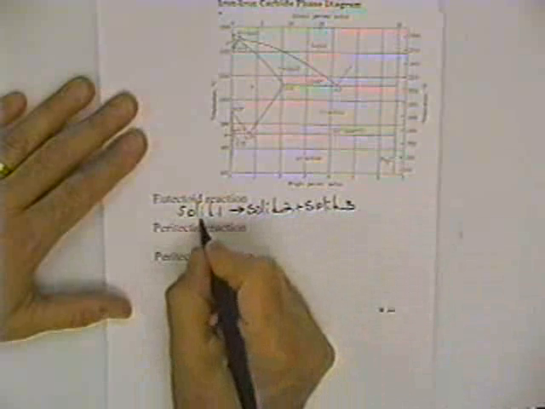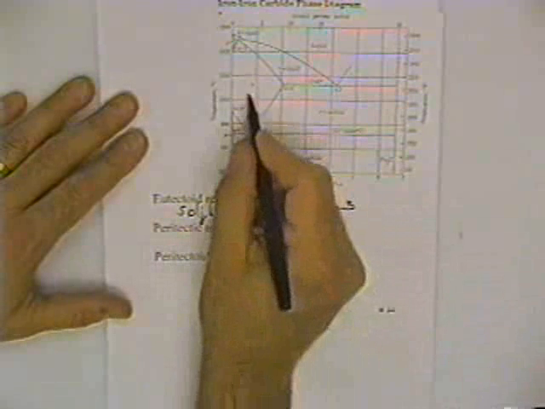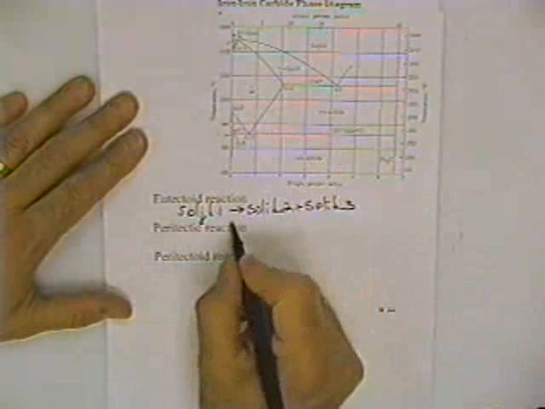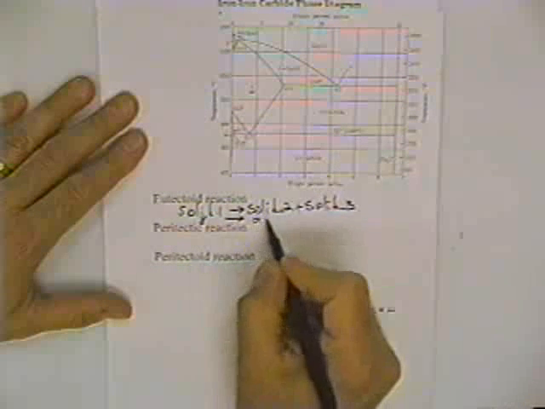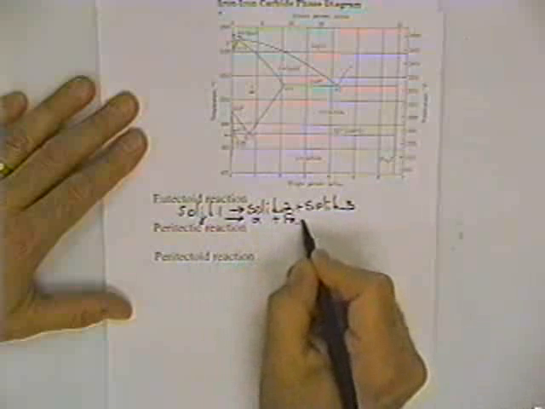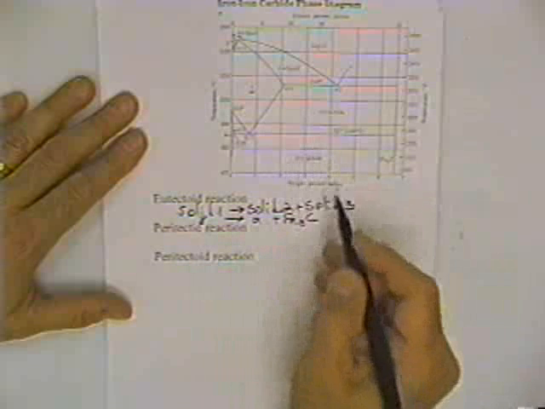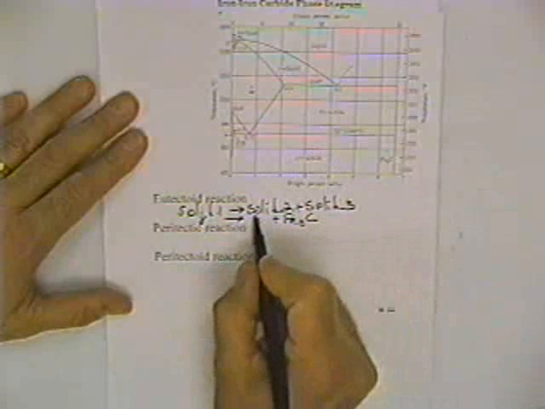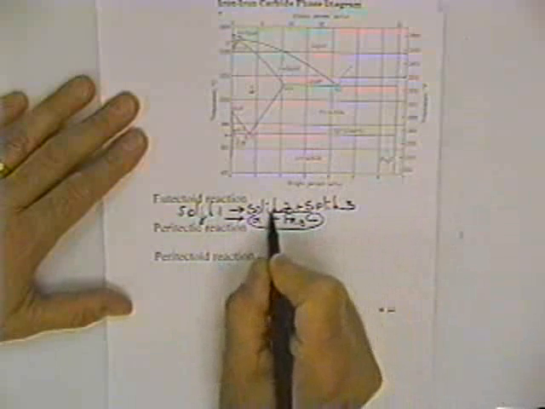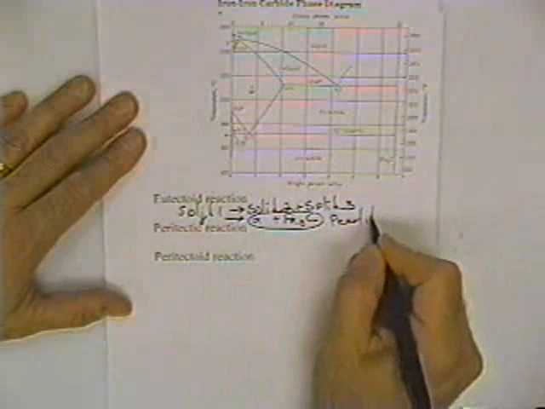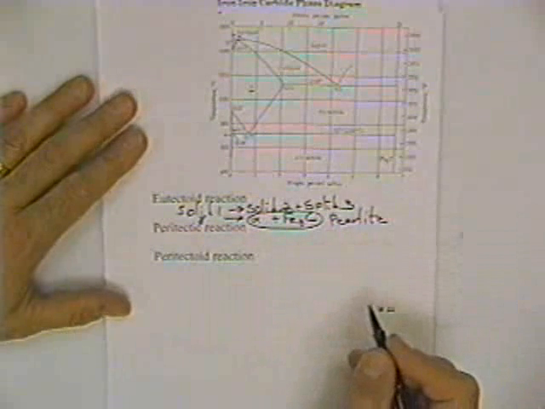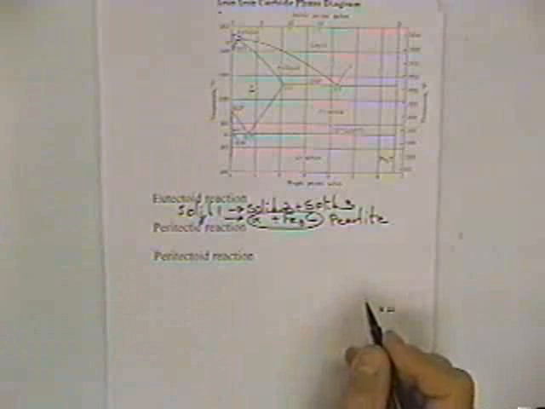In the iron carbon system, this corresponds to gamma or austenite going to alpha plus Fe3C, or iron carbide. And this product has a unique name. It's called pearlite. And pearlite is an intimate mixture of alpha and iron carbide.